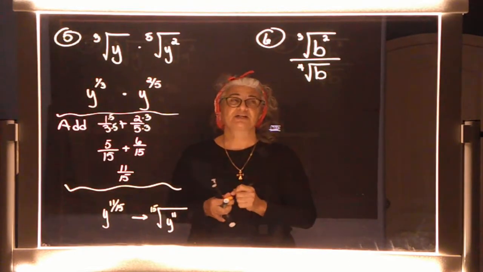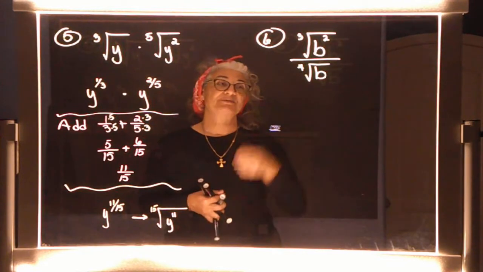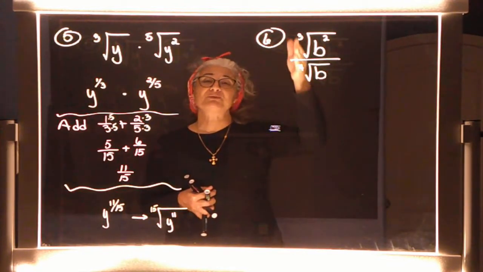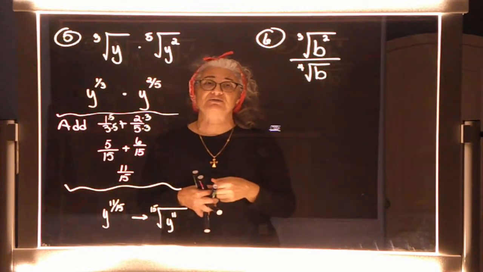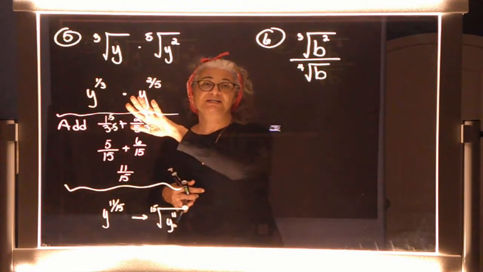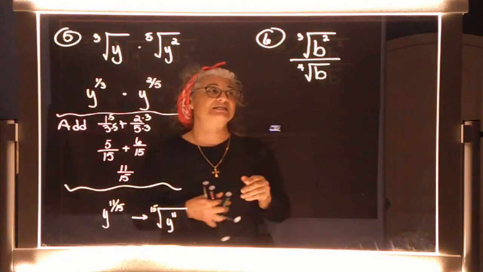Good? Okay, let's look at this one. Same thing, I'm dividing now, but the roots are different, right? That's a 3, that's a 4, they're different. So what should we do? Yeah, why don't we try tackling it this way? Why don't we turn these radicals into exponents instead?